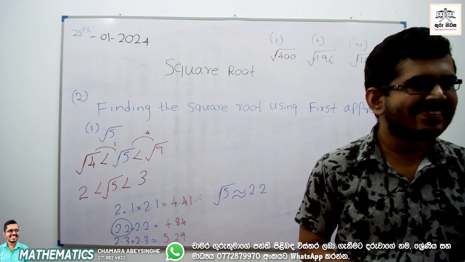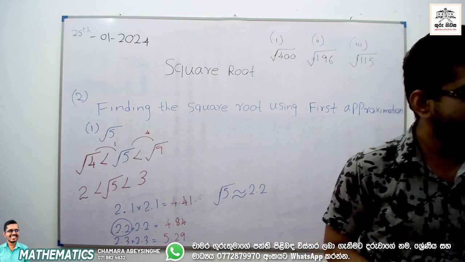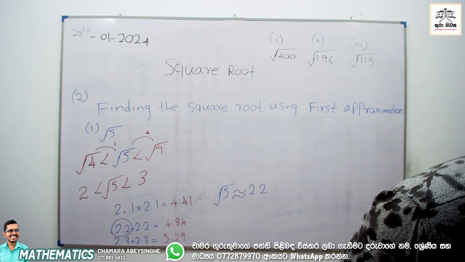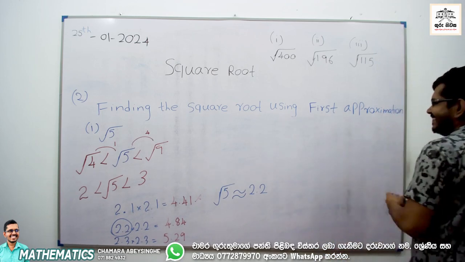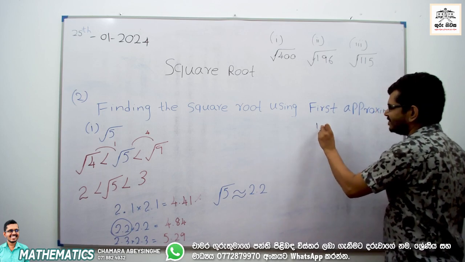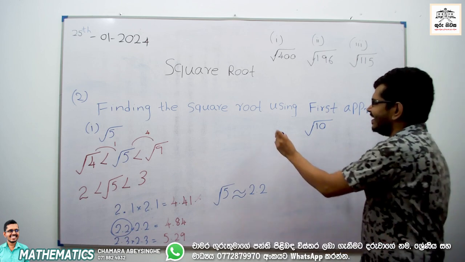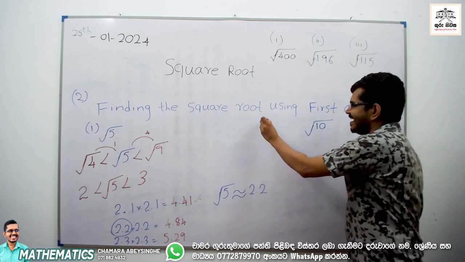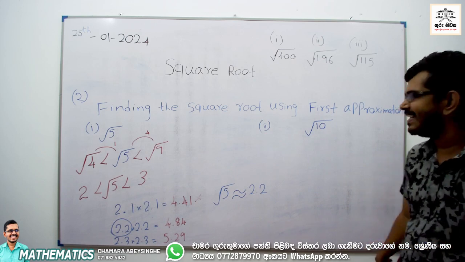Someone say a 2-digit number quickly. 10. Okay, 10. Now student, Roman number 2: square root 10. You should find the square root of 10.